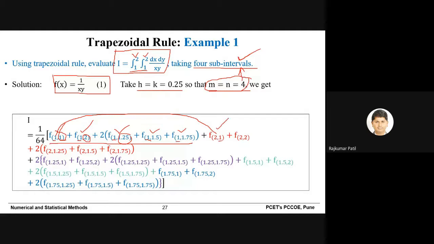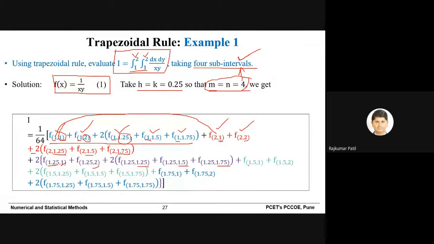So the lower term where y is 1, the last value when y is 2, plus 2 into the remaining values of y, plus 2 into, now we are taking the value of x as 1.25 constant and we are varying the values of y. So first value, last value and 2 into remaining values. So this is the third part.